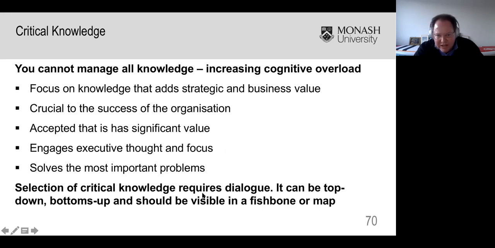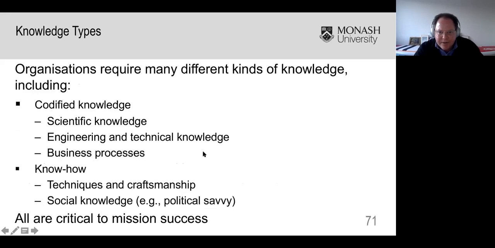So selection of critical knowledge requires dialogue, can be top down or bottom up, but should be visible in a map or fishbone diagram. And I have those a little bit later.